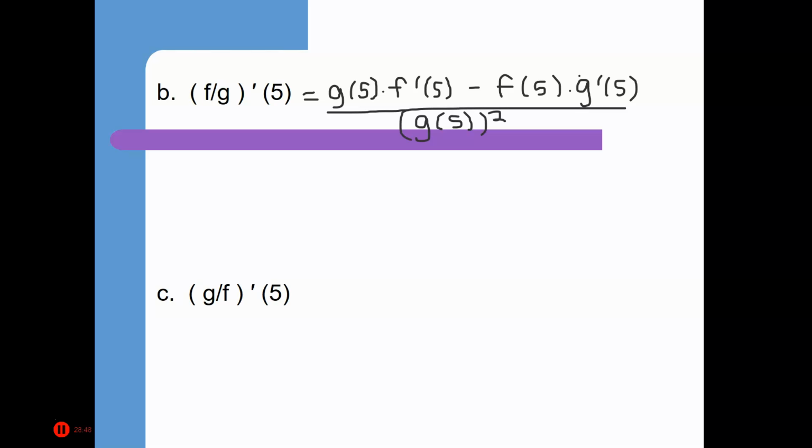So it's g of 5 times f prime 5 minus f of 5 times g prime 5, all over g of 5 squared.